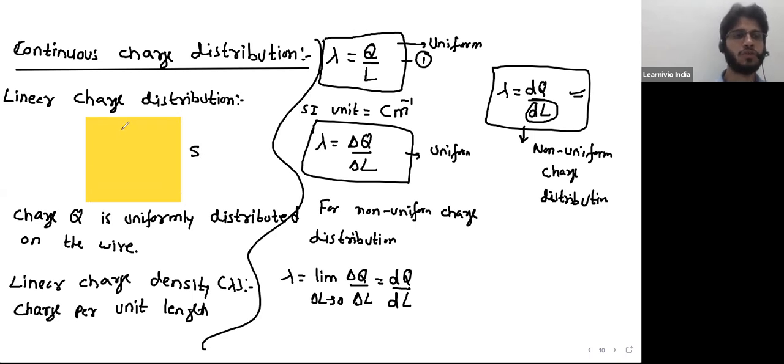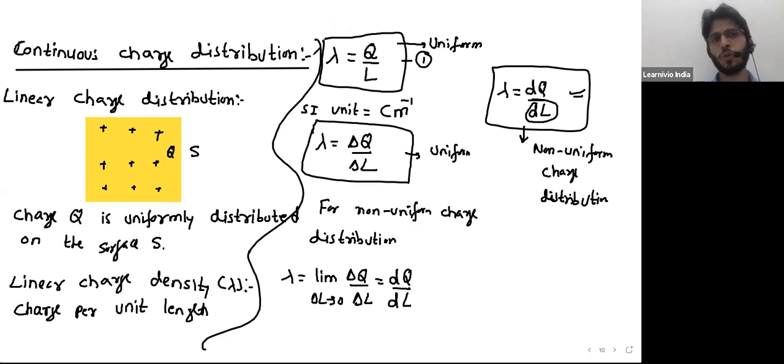So area is S. Over this area, some charge Q is uniformly distributed on the surface.